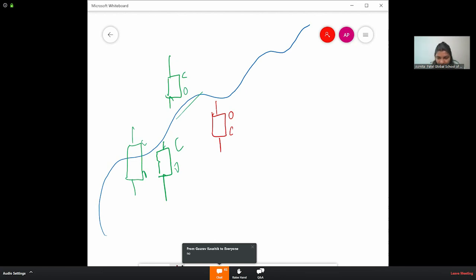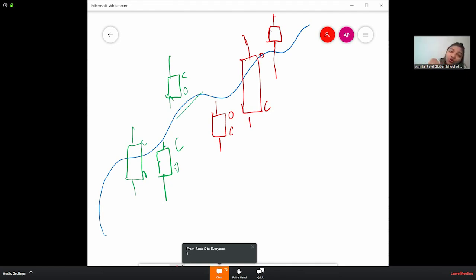Shiva, yes. Where is the close? The close is above the band. Ravikant, green candle, close is high. Where is the blue line? Your blue line is a Bollinger Band. Right? And this is your close. Open, close.